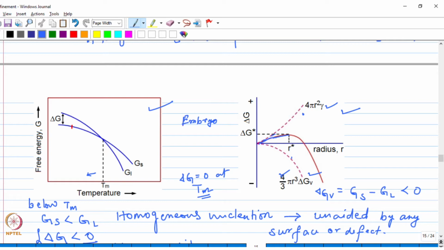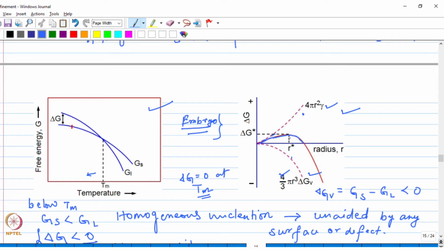Which is not stable because it has not reached that critical size, and since below this the free energy increases, this is not going to be stable, right? On the other hand, when you cross this critical size, the free energy decreases, as you could see.